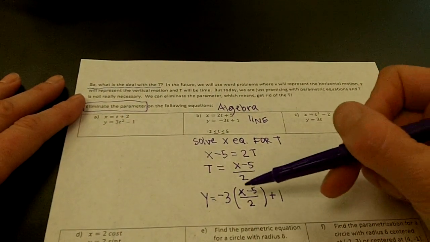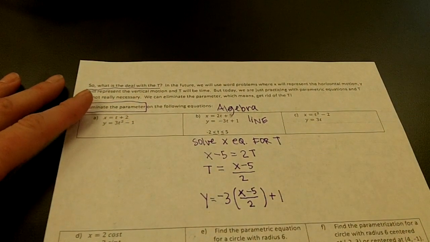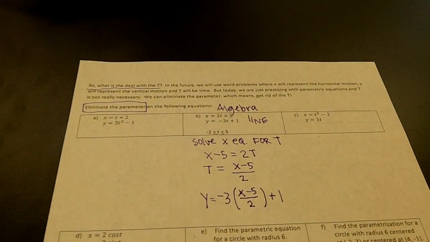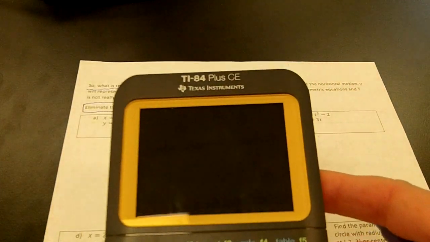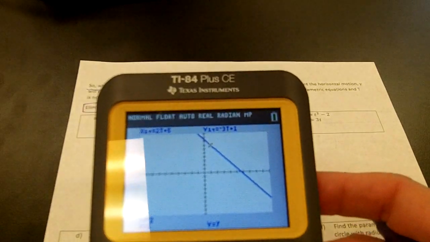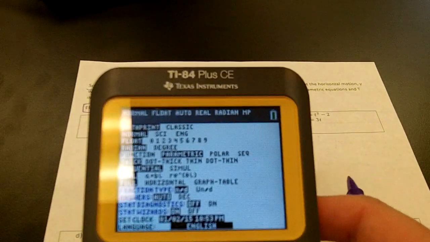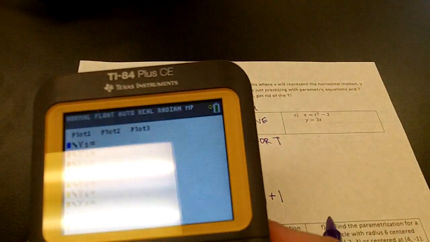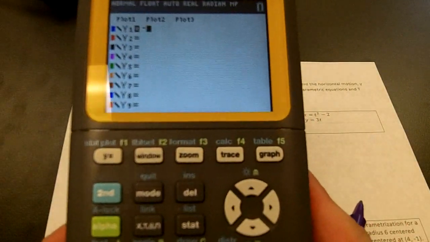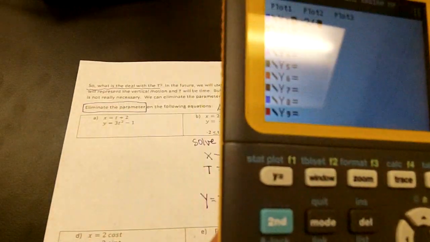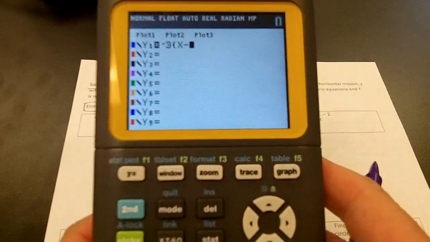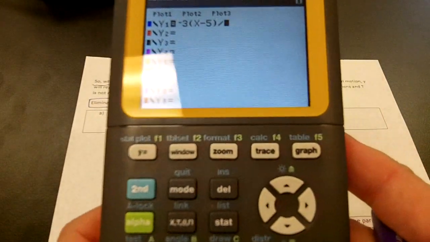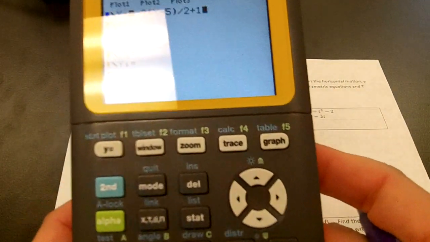Now if I want to, I can distribute the 3 and combine like terms, but I don't really want to. I'll show you if you graph that. I'll change the mode and go back to function mode, and graph the line negative 3 parentheses x minus 5 divided by 2 plus 1.